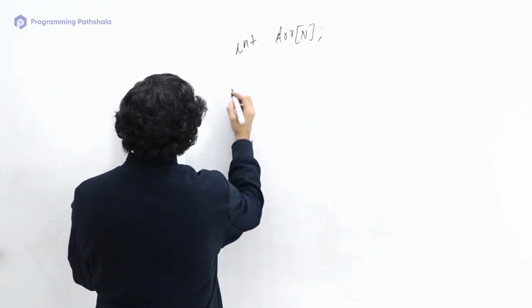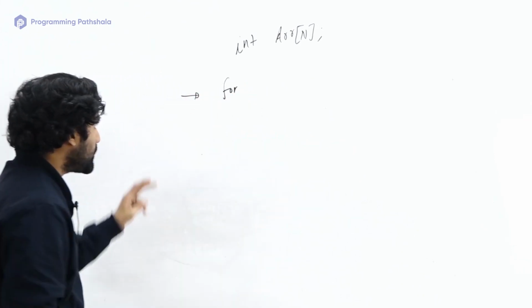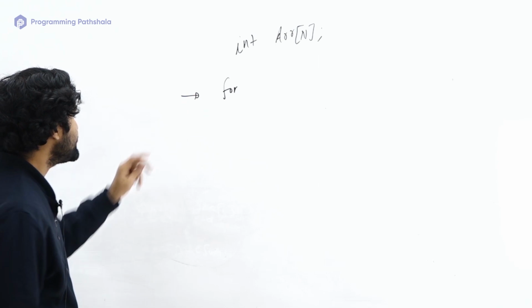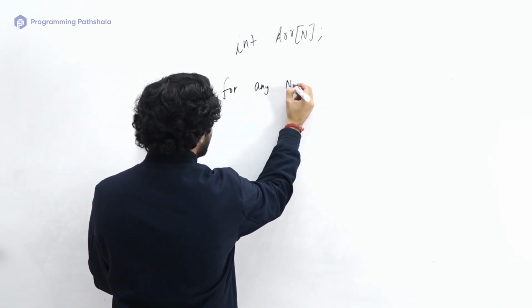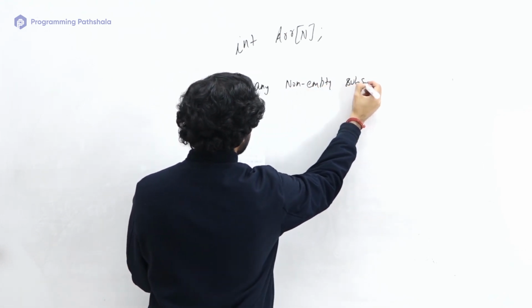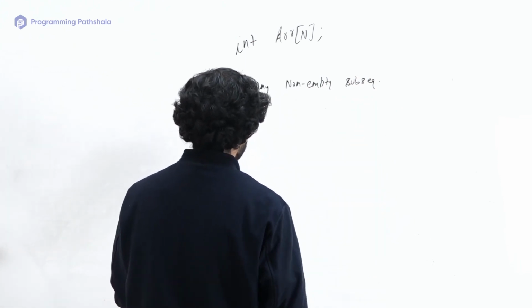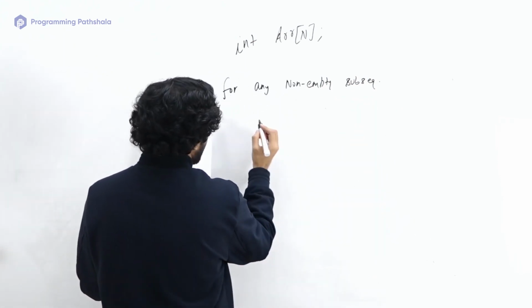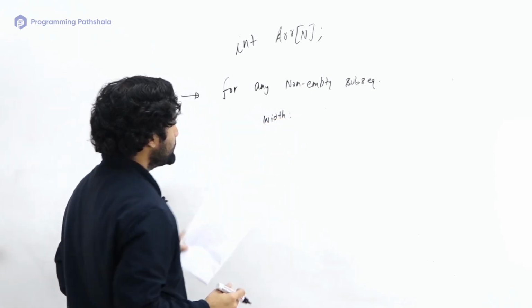Now what you have to do is, listen to the statement of the problem first. It says that for any non-empty subsequence, we have a term called width.